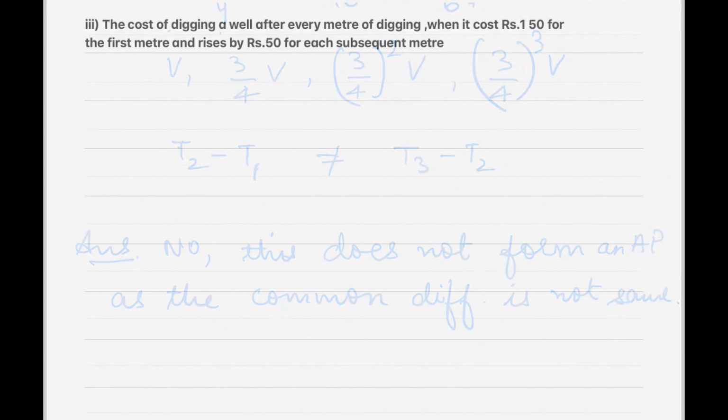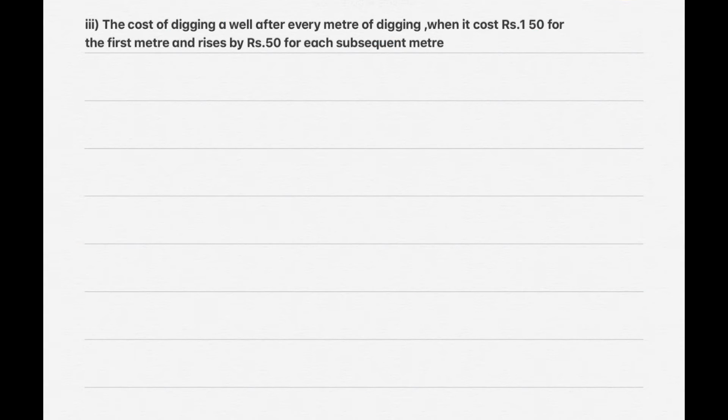Third part now. The cost of digging a well after every meter of digging, when it costs rupees 150 for the first meter, and it rises by rupees 50 for each subsequent meter. So again the same thing.